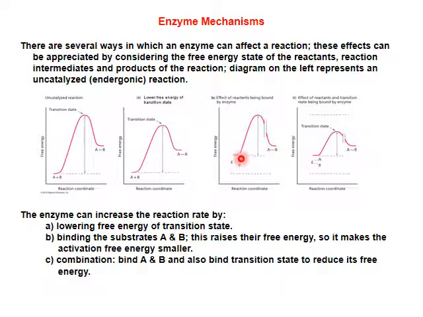With the enzyme binding A and B, you can see it's higher energy than A plus B, but the transition state is the same level. So it elevated A and B closer to the transition state and thus lowered the overall activation barrier of the reaction because of the higher energy of the substrates mediated by the enzyme.